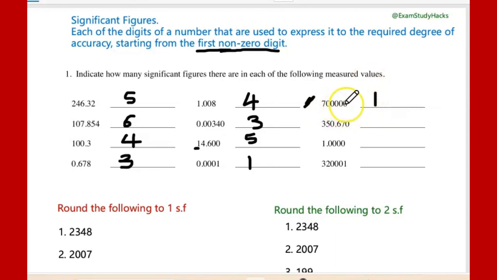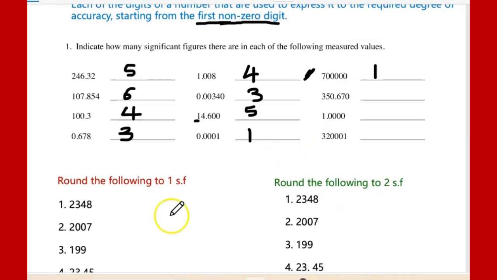So these other ones actually count towards the value, but they are not regarded as significant figures, even though they make up this entire value. But they won't be counted. The zeros won't be counted. Now, don't worry, as we proceed to other exercises in this video, you will understand this better.